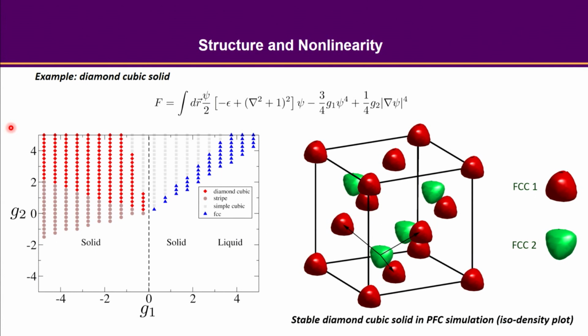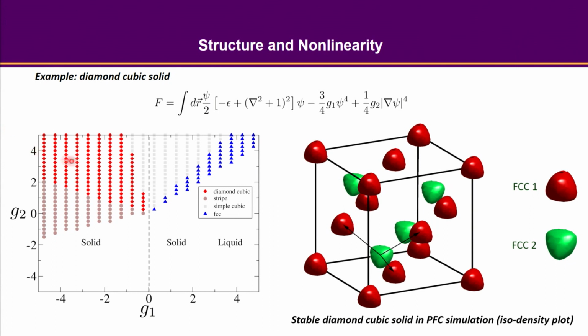Diamond cubic, rarely, maybe one paper, but in 3D structure, pretty much you can get everything using the multimode model. But diamond cubic, I think there's one. I have to check. It's very challenging to get a diamond cubic.